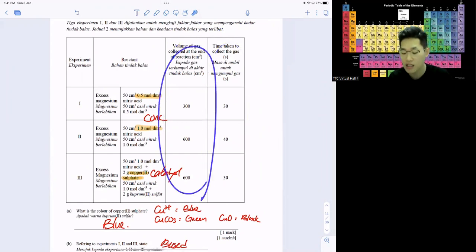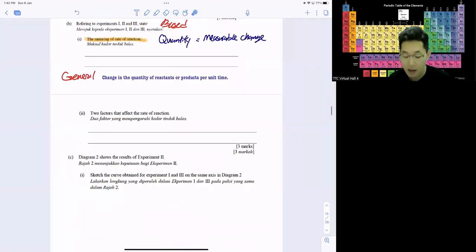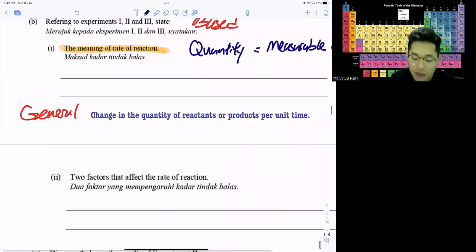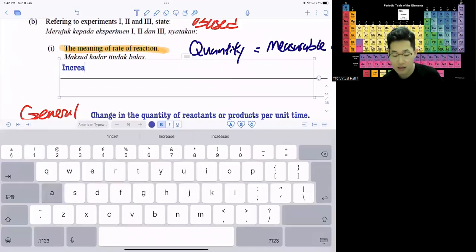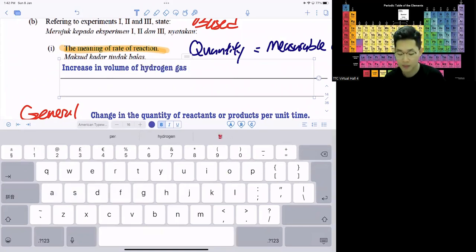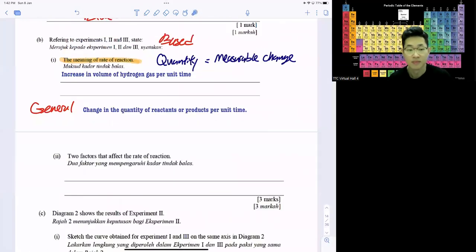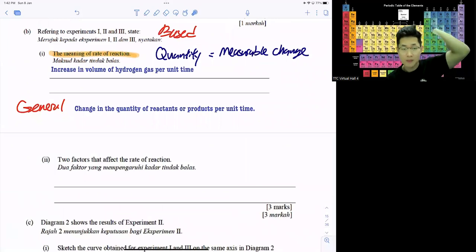So this is the quantity, this is the time. The quantity is the volume of the gas, but we have to mention it clearly. It is the increase in volume of hydrogen gas per unit time. So the quantity has to change to the specific one according to the experiment.